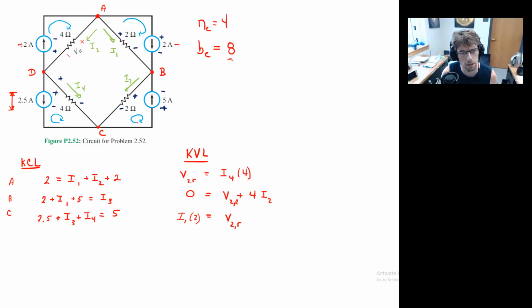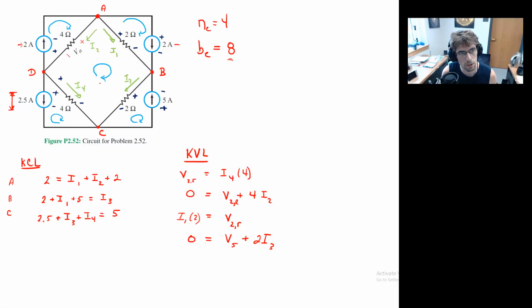And how about this bottom left one? I have a jump on the 2 ohm source, and I have a jump on the 5 amp source. So I'll say the potential of 5 amp source plus 2 times I3. And for kicks, we need one more, or one shy. I'll go ahead and just do that center diamond clockwise.